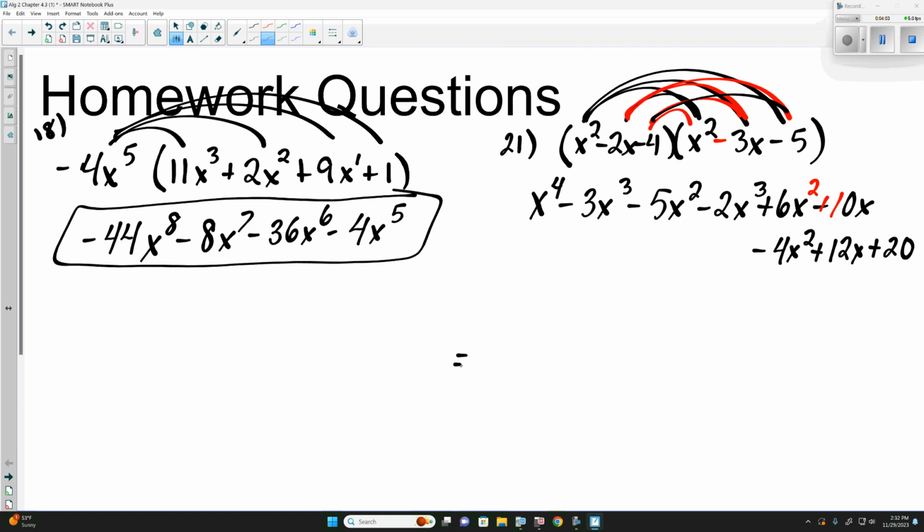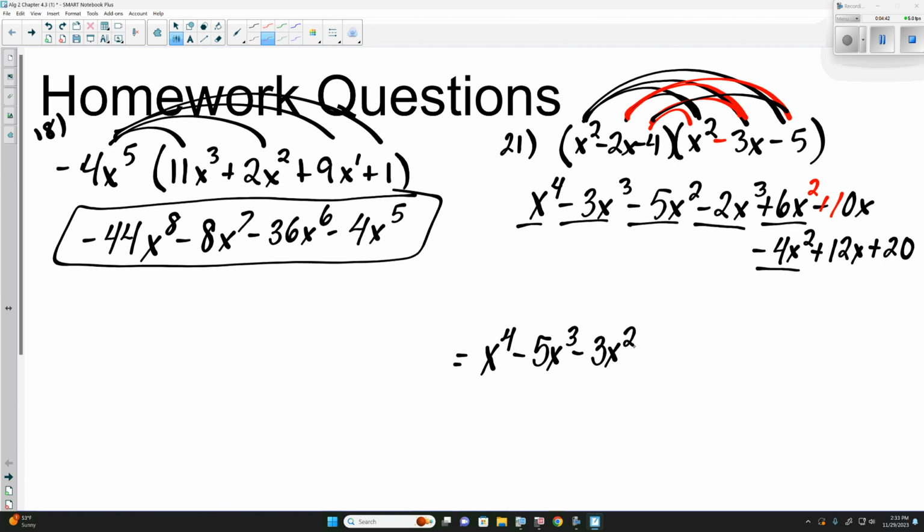Now at this point here, we would combine like terms. X to the fourth does not have any like terms, so it's just x to the fourth. Our cubic terms, negative 3x cubed minus 2x cubed. Negative 3 minus 2 is negative 5x cubed. X squared terms, negative 5x squared plus 6x squared is positive x squared minus 4x squared, because negative 5 plus 6 is 1. 1 minus 4 is negative 3.